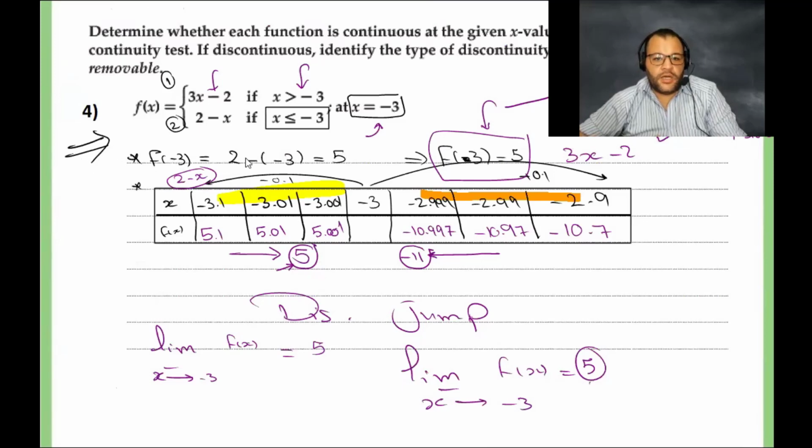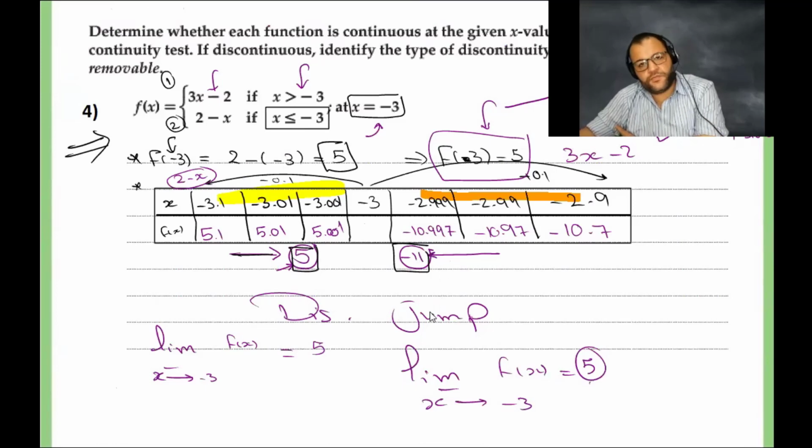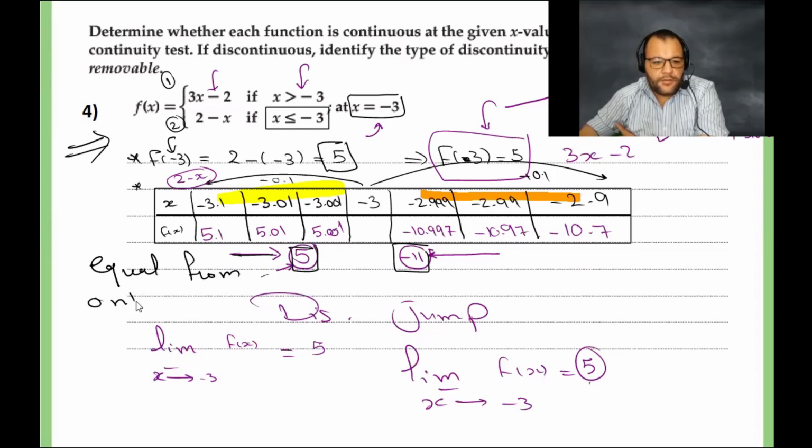By using substitution for f of x at negative 3, what is the answer? 5. From the right side it approaches 5. From the left side it approaches negative 11. So it's equal from only one side.